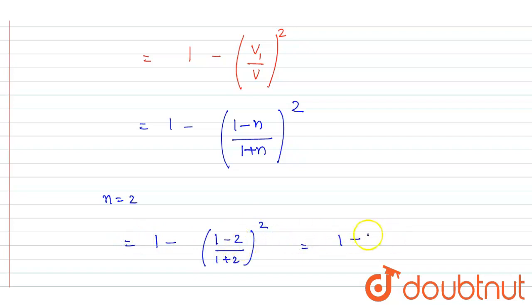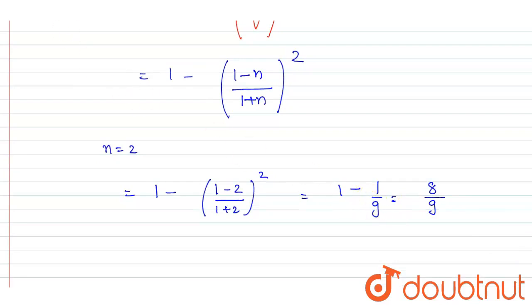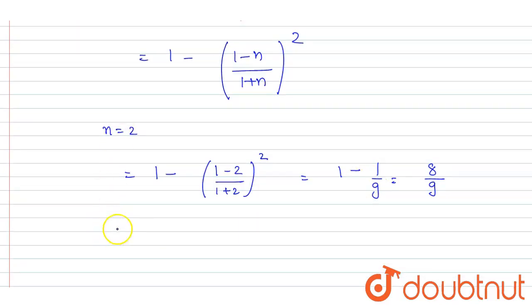It will be (1 by 3) whole square, so 1 by 9. So it is 8 by 9, right? For deuteron, the loss is 0.89.